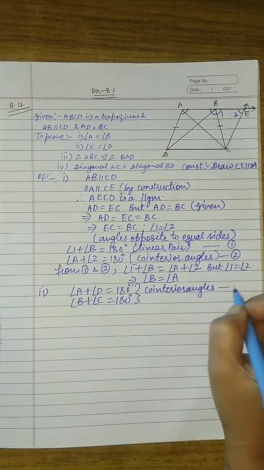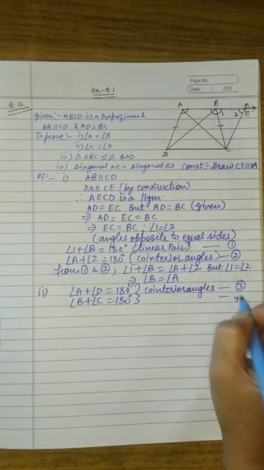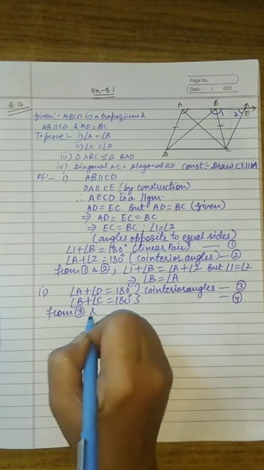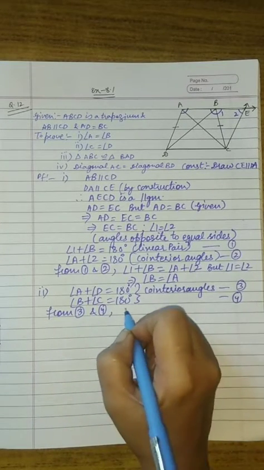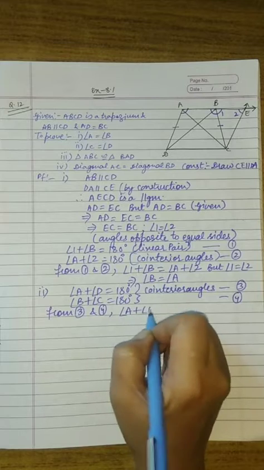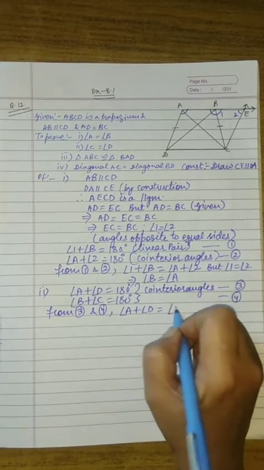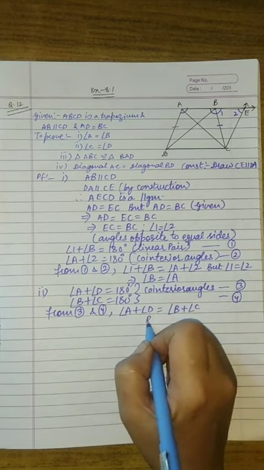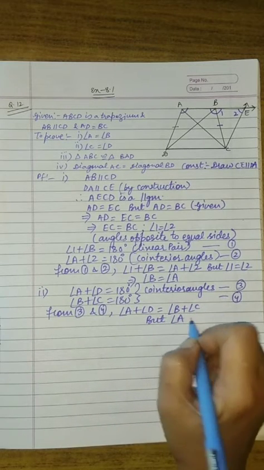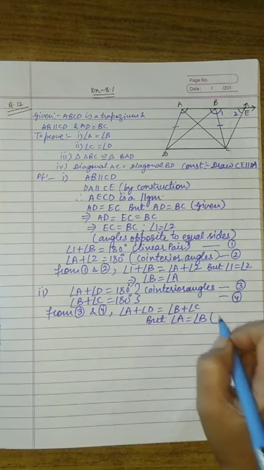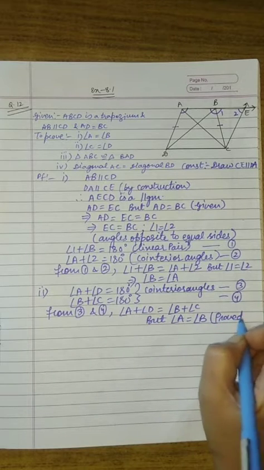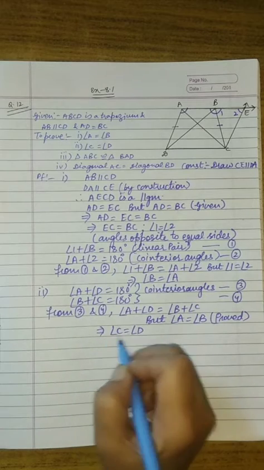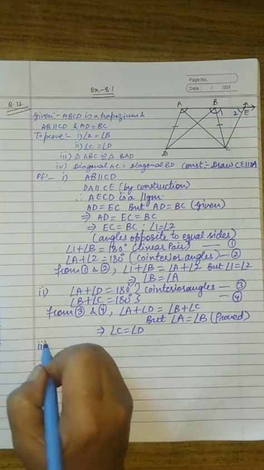So let this equation be 3 and 4. So again from 3 and 4, angle A plus angle D is equal to angle B plus angle C. Already angle A is equal to angle B proved. It implies that angle C is equal to angle D. Our second part is also proved.